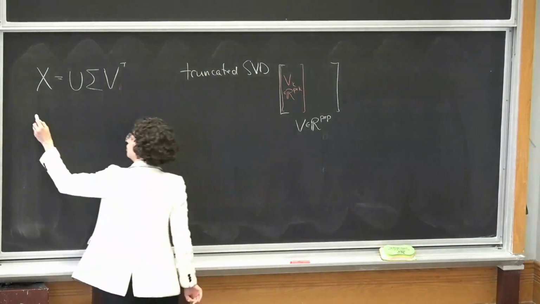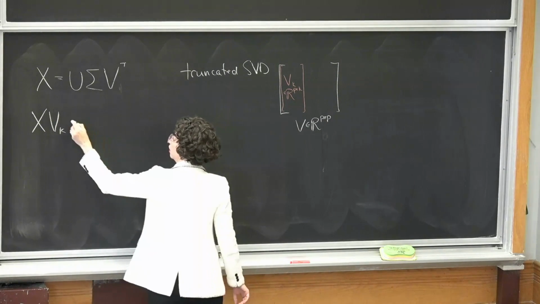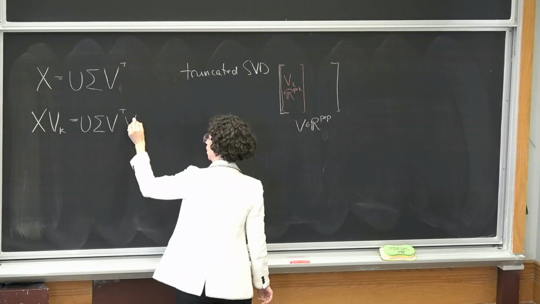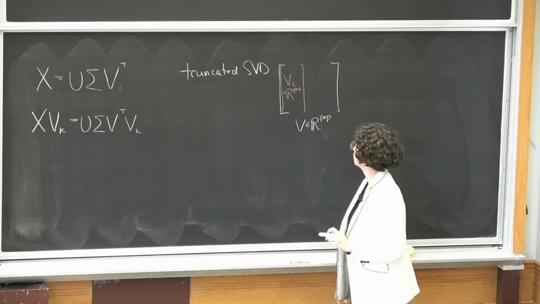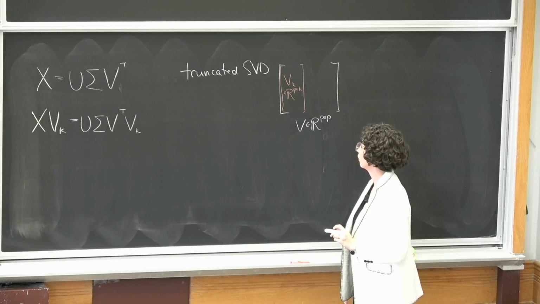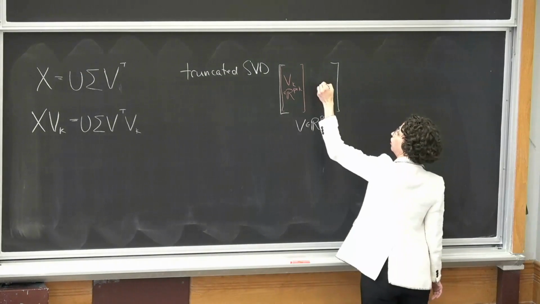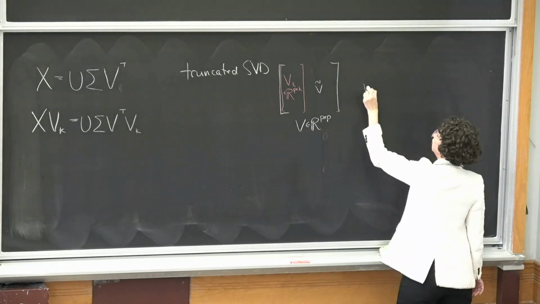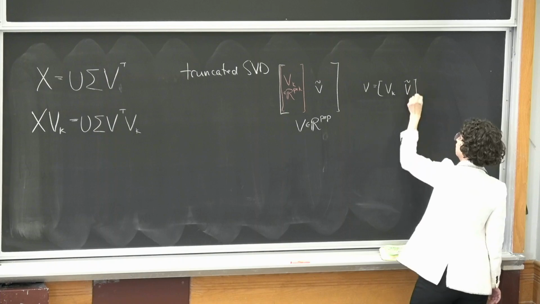Now if I were to look at X times VK, then I have U sigma V transpose times VK. To make this clearer, I'm going to call all of these other columns V tilde. So V is equal to the concatenation of VK and V tilde.